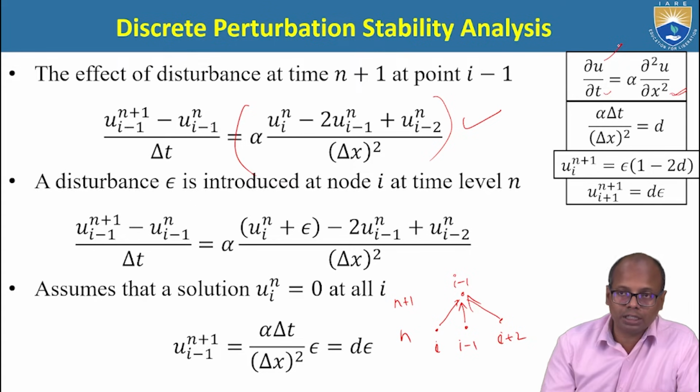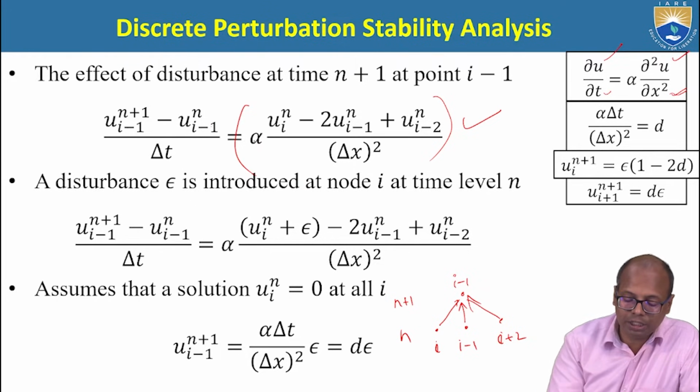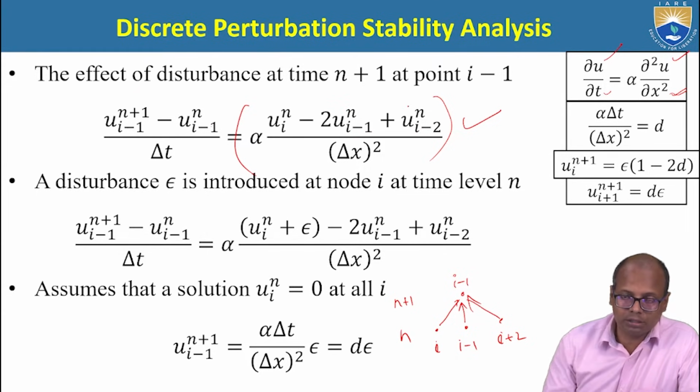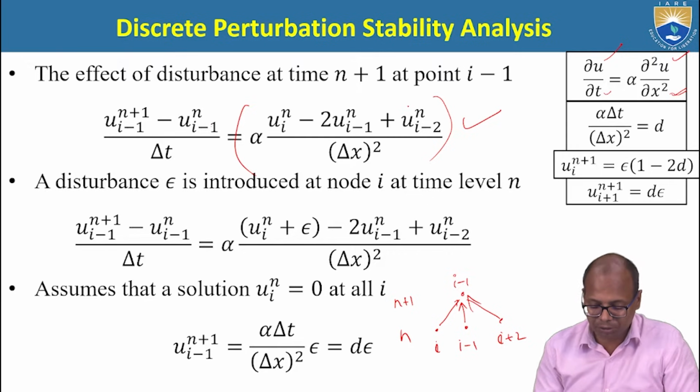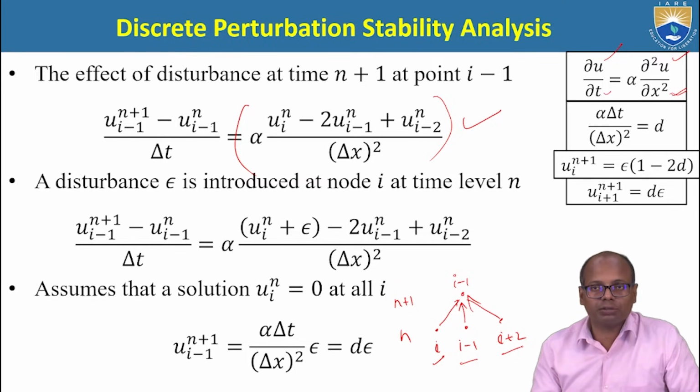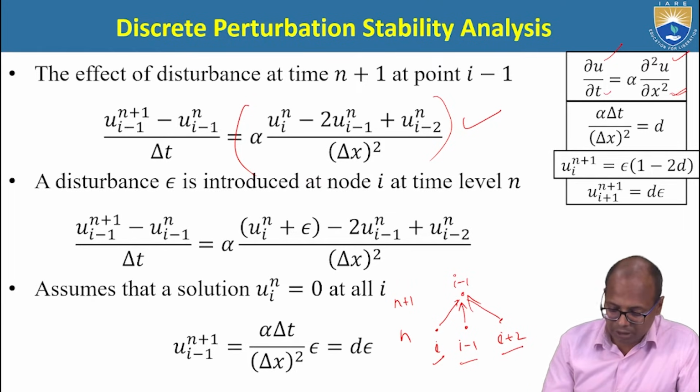So here we are interested in time, here we are interested in space. So what we are doing here: alpha into u_i^n minus 2 u at I minus 1, n, and u at I minus 2, n. So the central difference will be the forward minus 2 into the present plus the afterwards. So like this we will get.